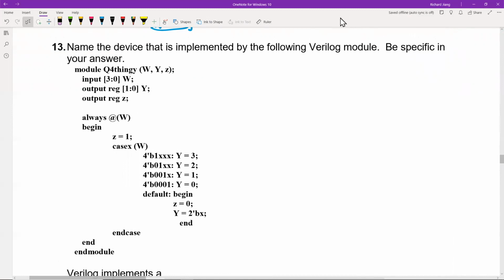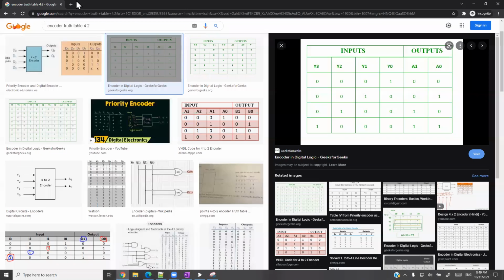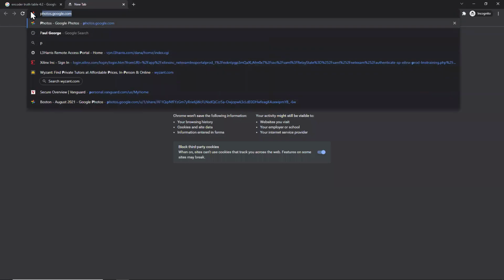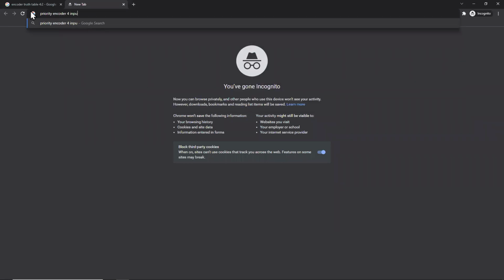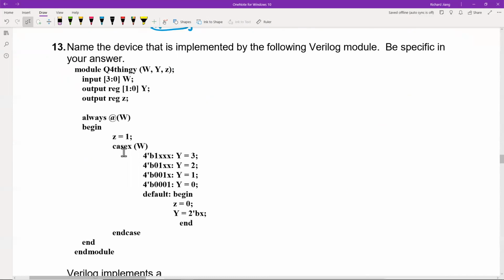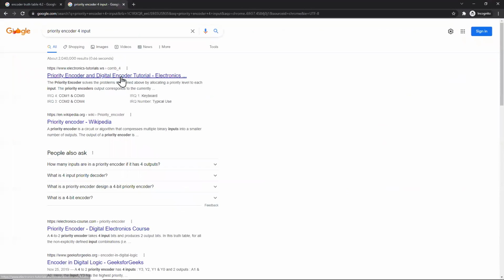So let me give you a picture for it. This is a priority encoder, and it has 4 inputs. And yes, it's definitely 4 to 2. You can see the output is 2 bits. And the key is that it's a priority encoder.